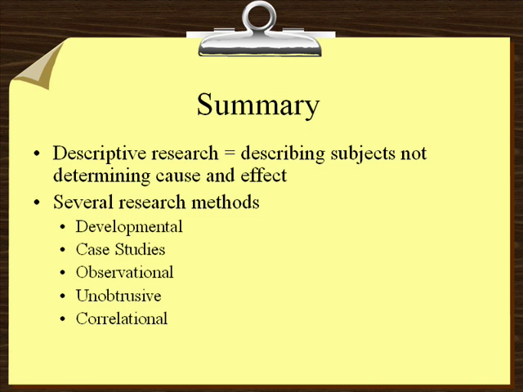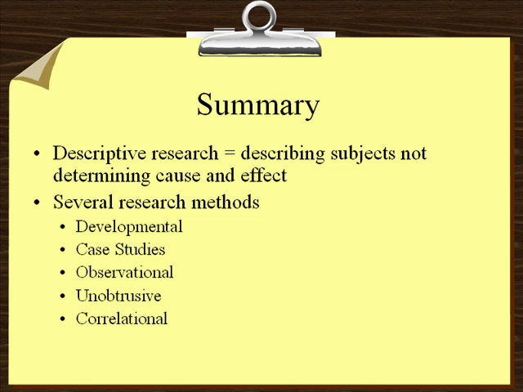So in summary, descriptive research means describing the subjects, not determining cause and effect. All we're doing is using descriptive statistics in our design and our words to describe what's going on with those particular subjects and try to make some understanding of what's going on with that particular group of subjects at that time. There are several different methods that we use in descriptive research.